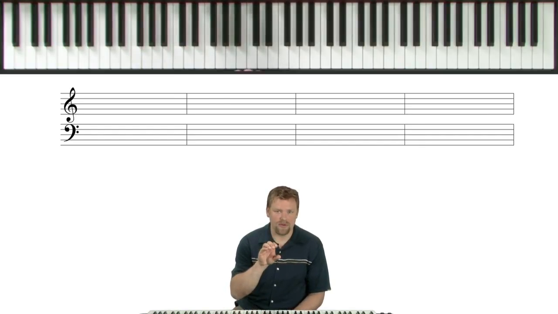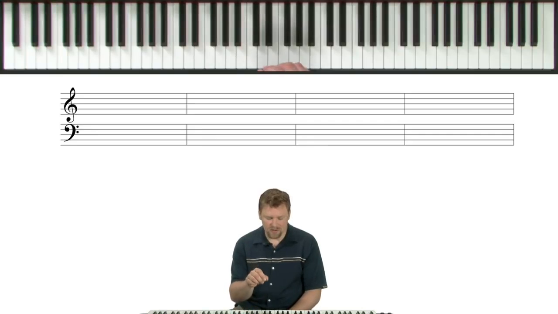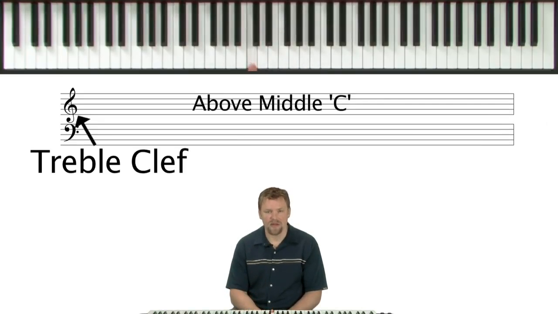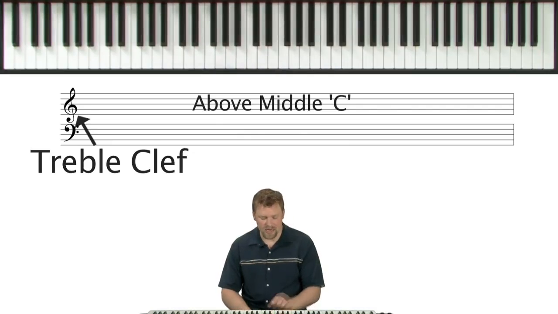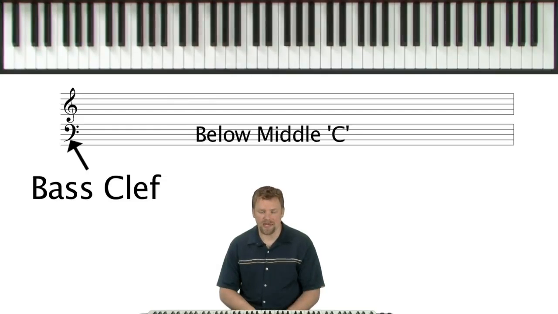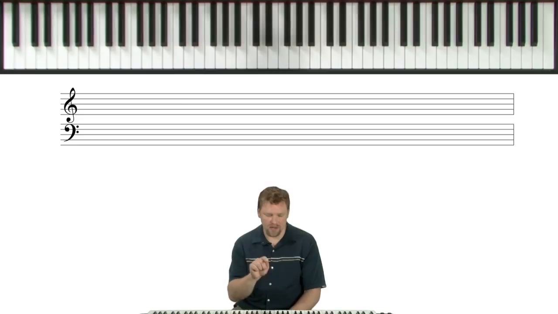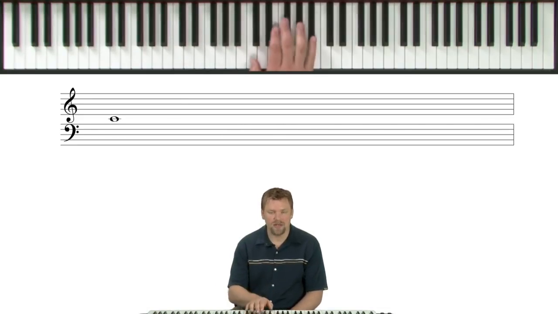The top staff holds all of the notes above middle C. The bottom staff indicates all of the notes below middle C. When you're writing it, if you have a staff on top of each other and you put a line in between and a circle on it, that circle you could call the note C.